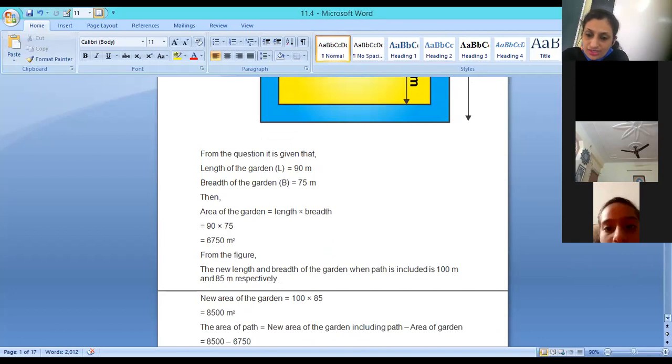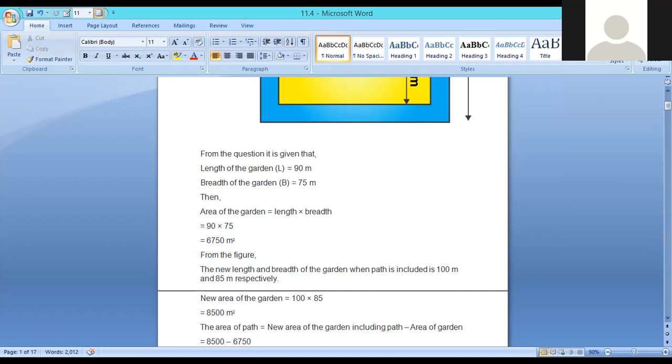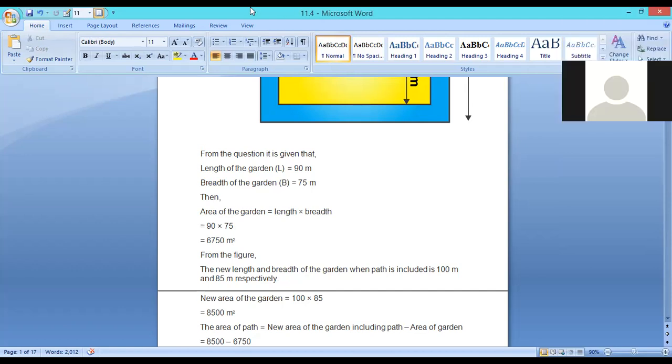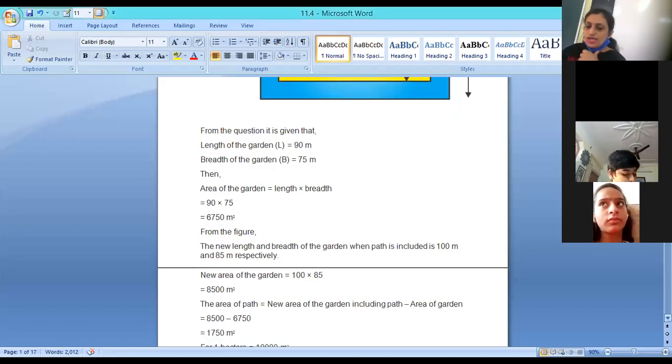So subtract the values, children. So what will be the area of the path? The area of the path is 1750 meter square.